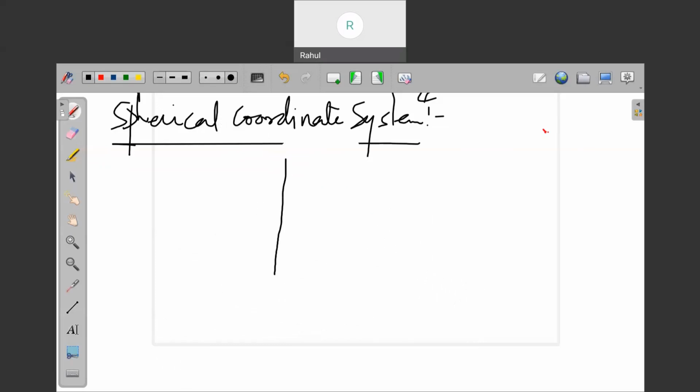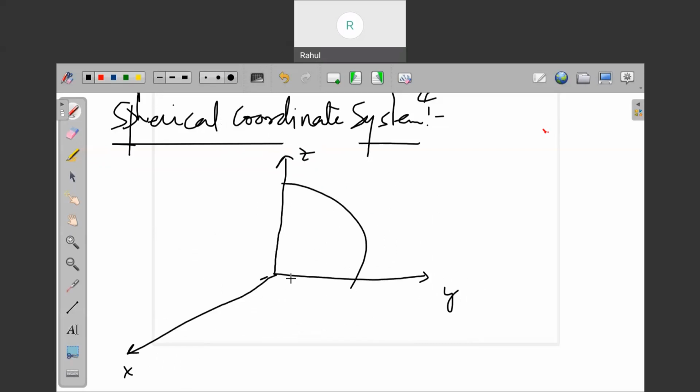We will always take the help of the Cartesian coordinate system x, y, z, and this is just one octant. Now we have to cut this sphere like this and take one point P here.